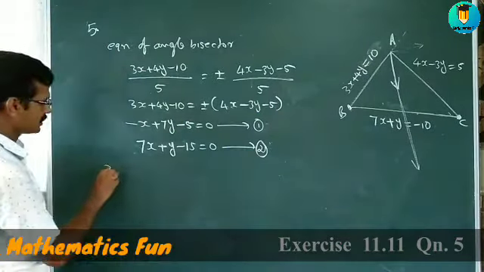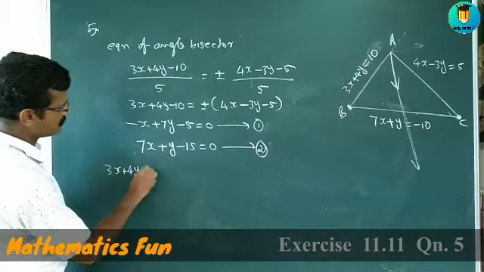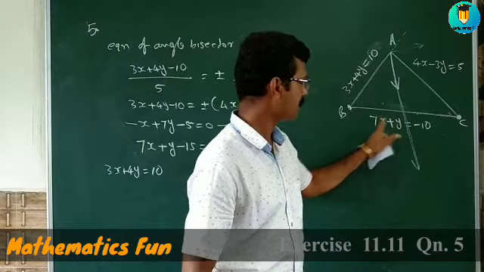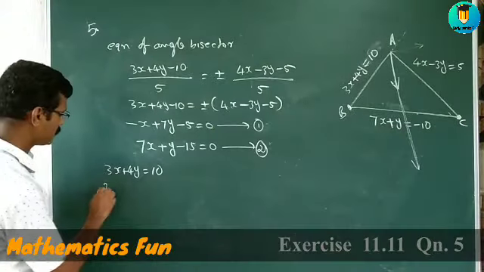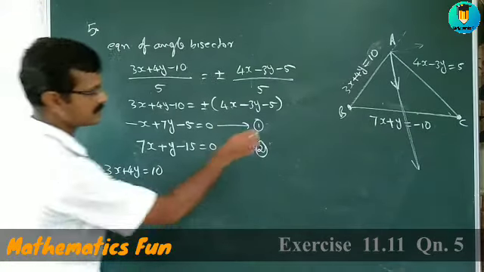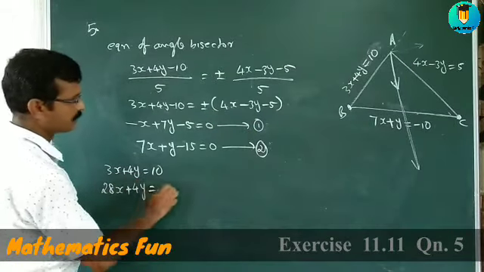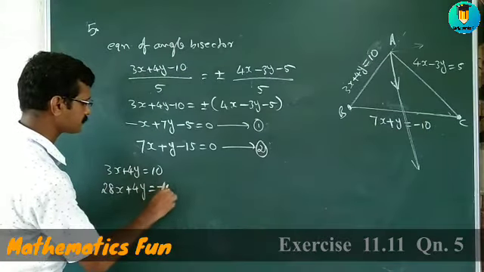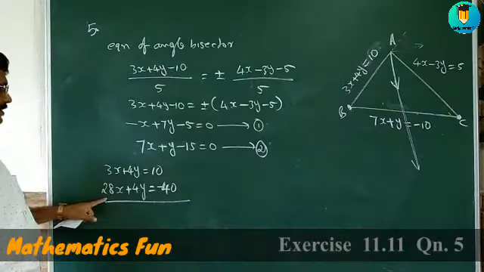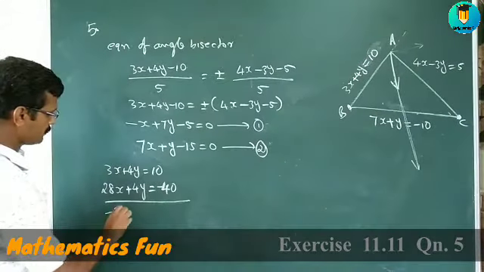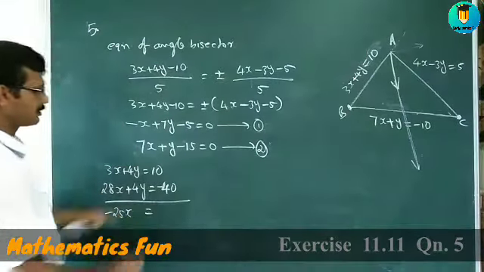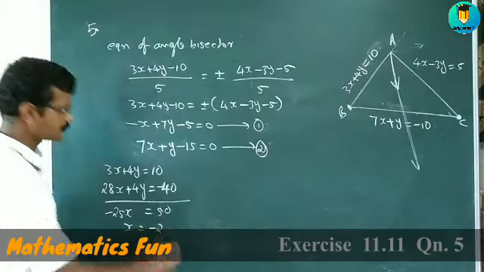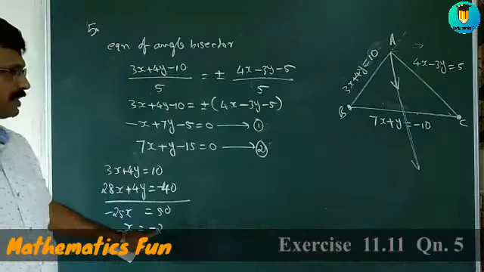The first line is 3x plus 4y is equal to 10. Here also I will make it 4, I will multiply it by 4. So 28x plus 4y, if I multiply by 4, that is minus 40. I will subtract: minus 25x is equal to 50, so x is equal to minus 2.